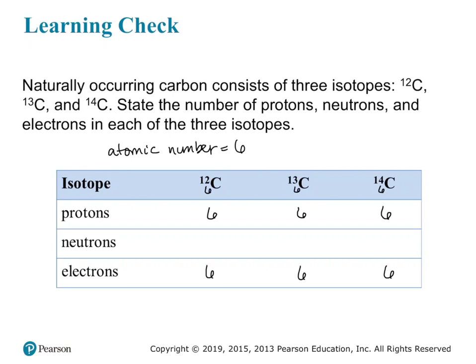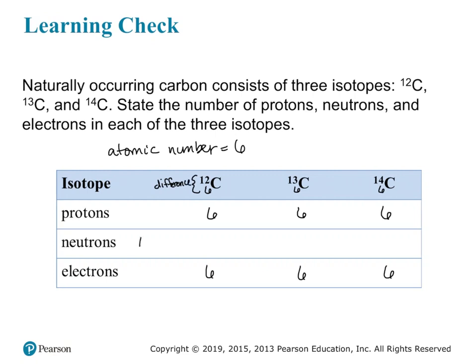So now we have to figure out the number of neutrons. So remember, we take the mass number and subtract the atomic number. So we're just taking the difference between those two values.